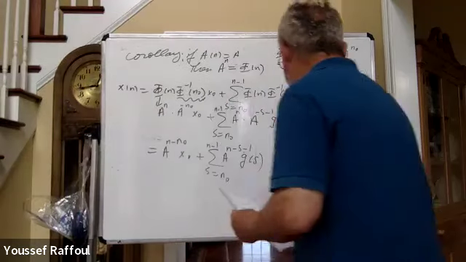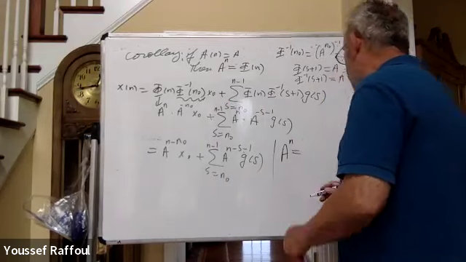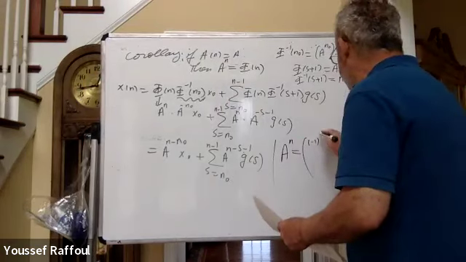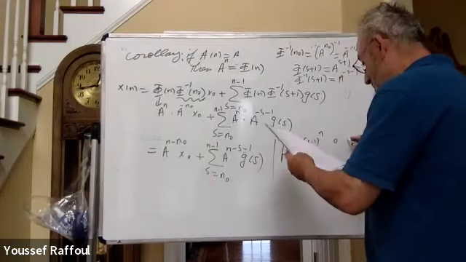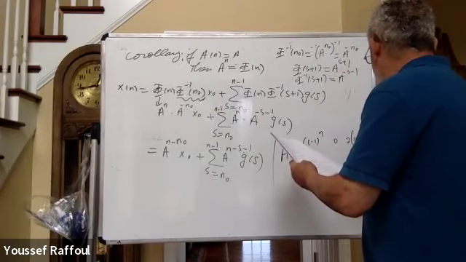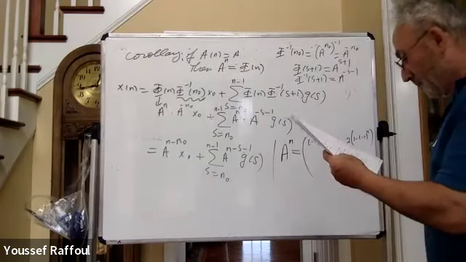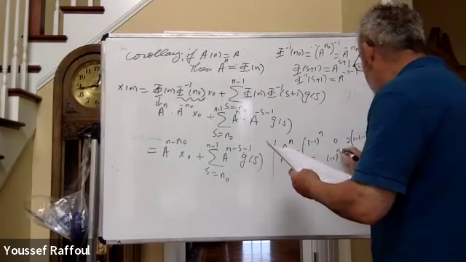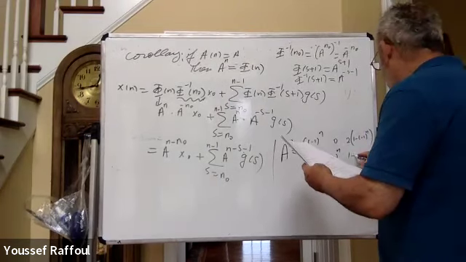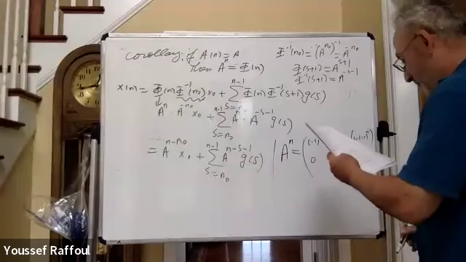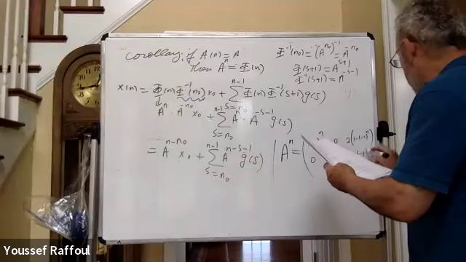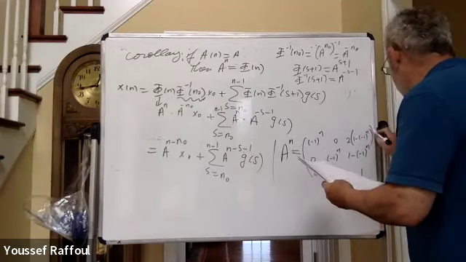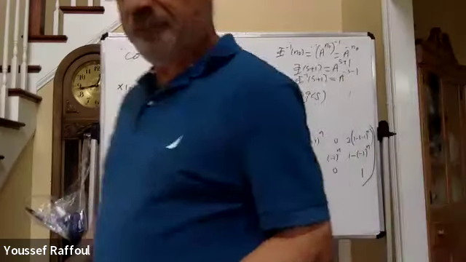For example, let's say A(n) is the matrix with entries (−1)^n, 0, 2(1 − (−1)^n), then 0, (−1)^n, 1 − (−1)^n, and 0, 0, 1. So let's say this is A^n.